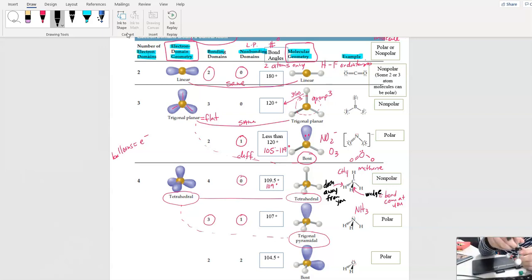What if you keep taking off lone pairs? So this one right here, I took off a lone pair. Trigonal pyramidal, but now what if I take off another one? I'm sure it looks like a very familiar shape to you, called Mr. Water.